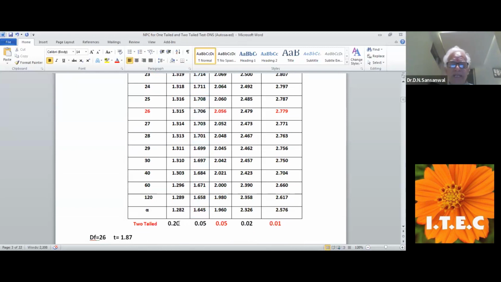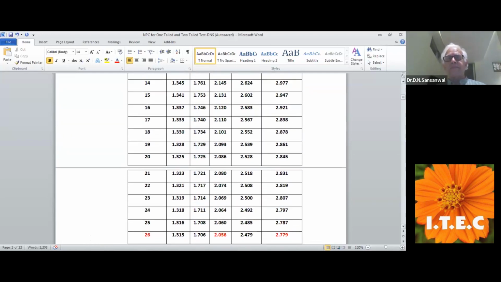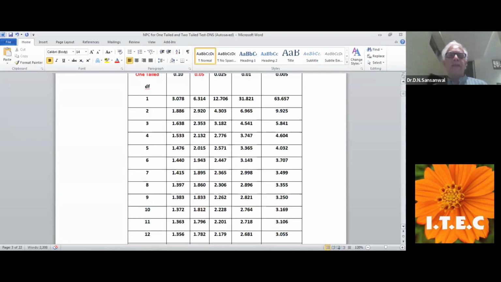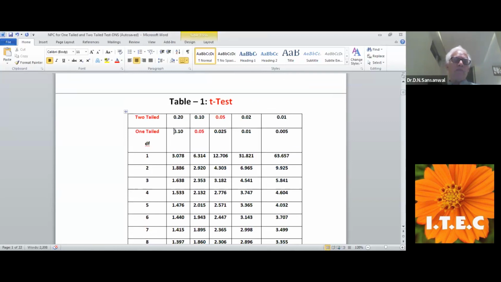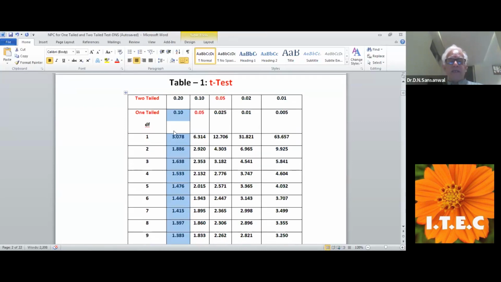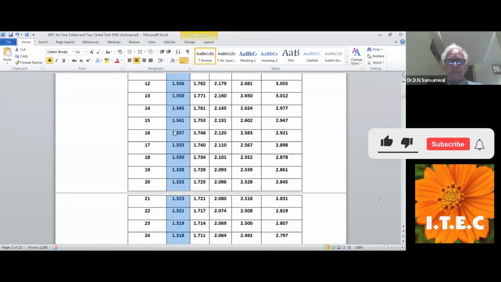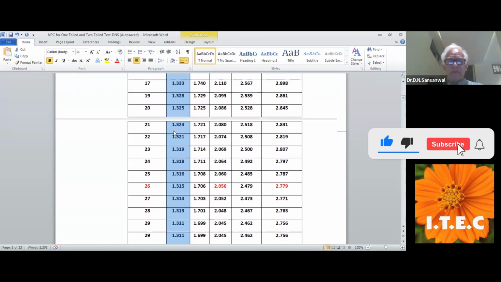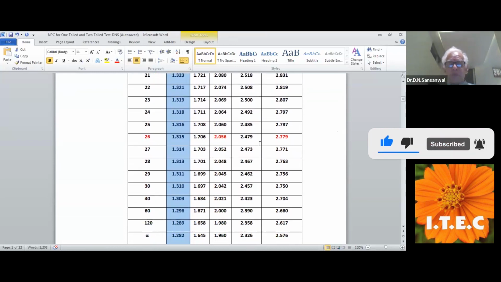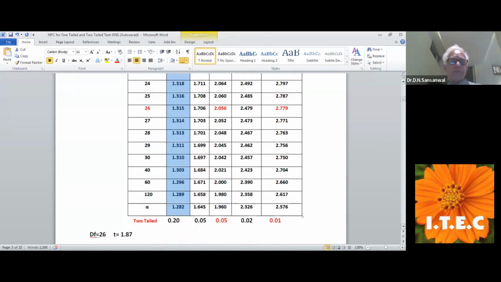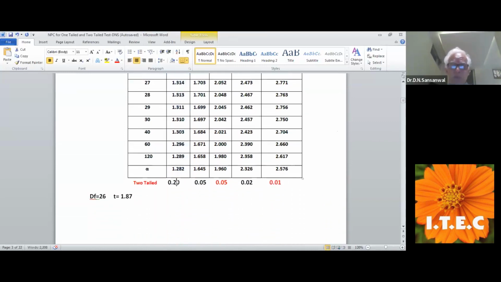And for the next one, you can see it here, it is 0.10.